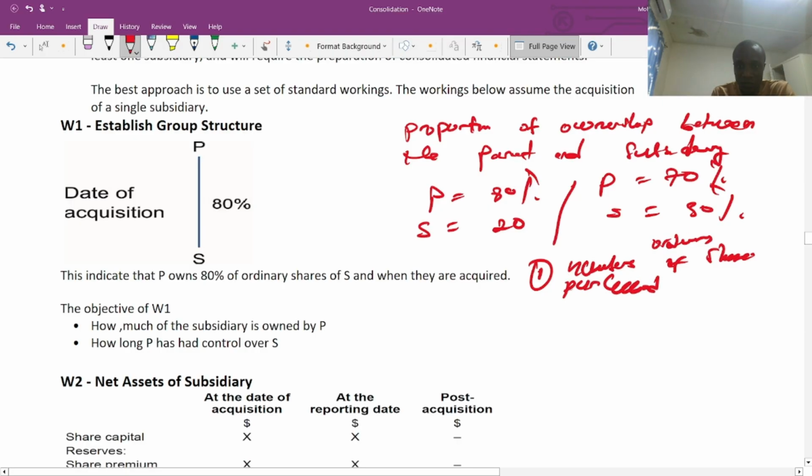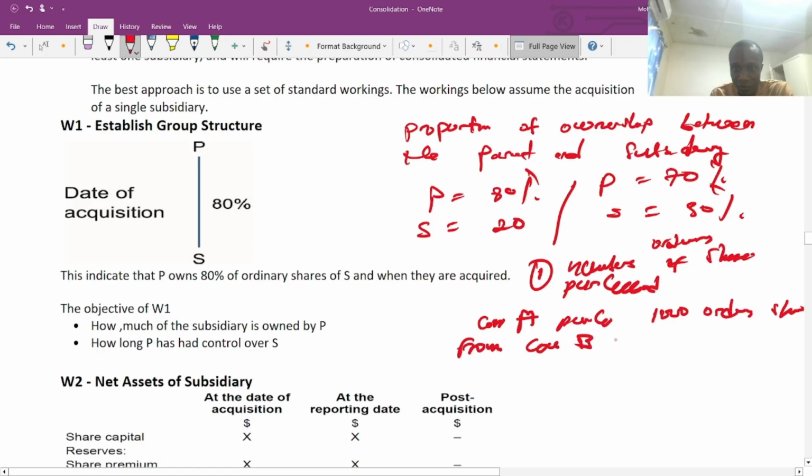For example, let's assume company A purchases 1,000 ordinary shares from company B with 1,200 shares.